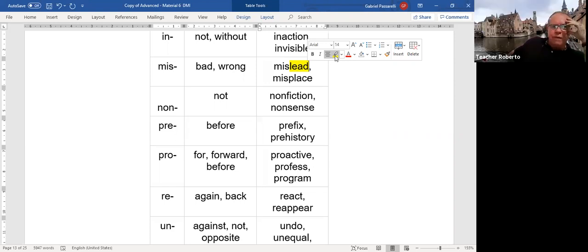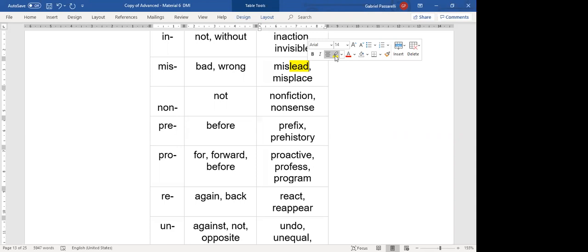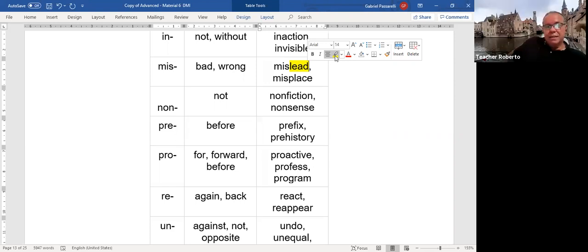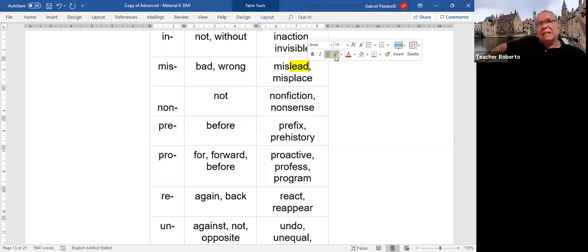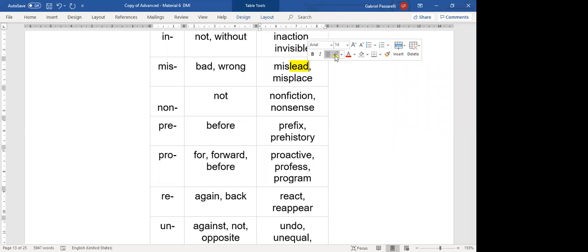Yes, when you are a prophet, you profess things. You know a prophet? Those religious guys, someone who predicted something. If you read the Bible, there were many prophets.